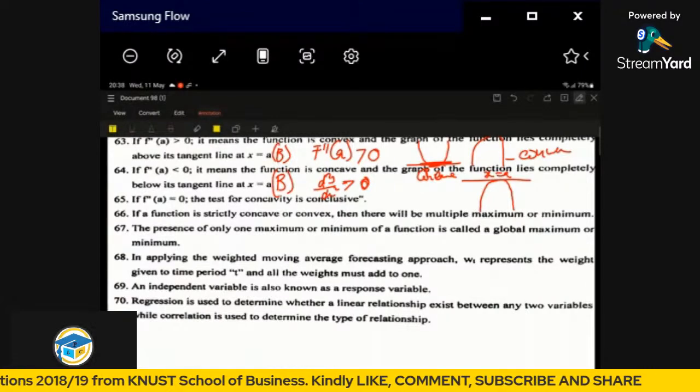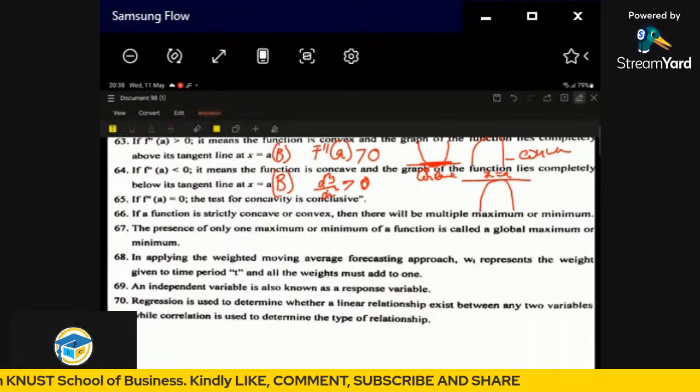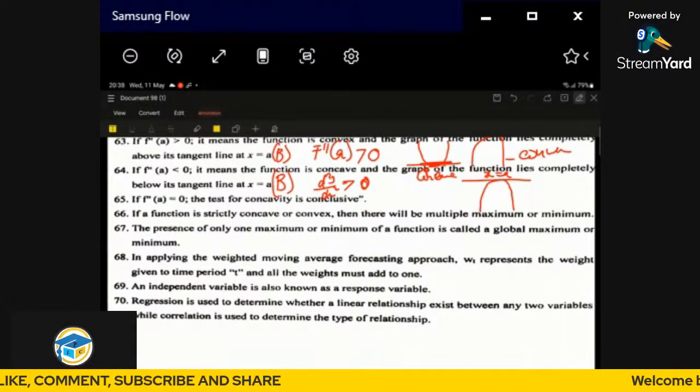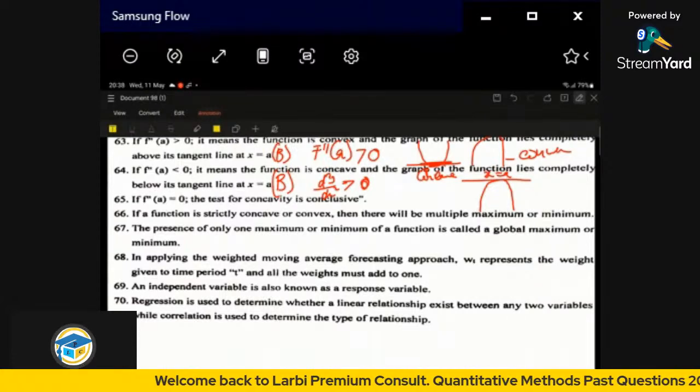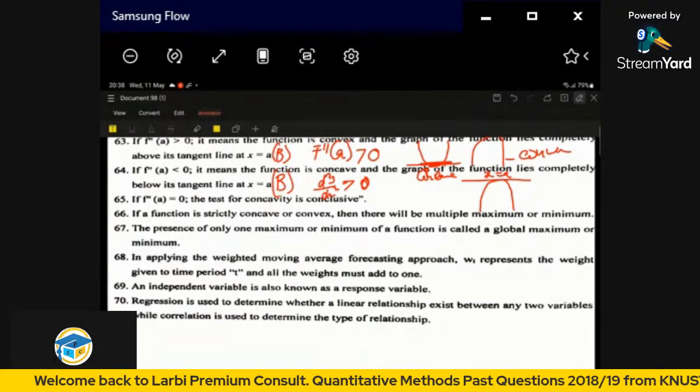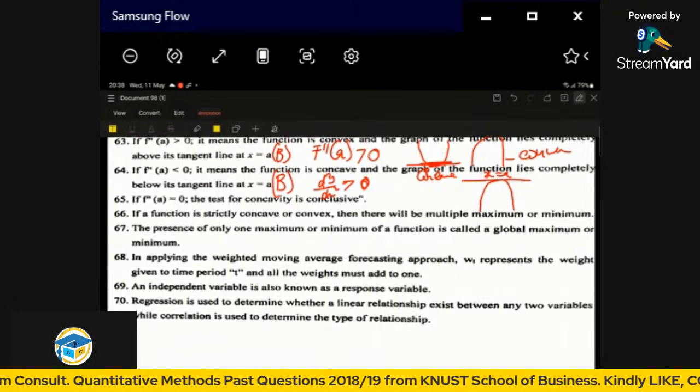But at this point, we can't make a decision. It's not decisive, because f double prime of a equals 0 is at the point of inflection. So here we can't use it to determine the concavity of the function. That's the meaning of conclusive here.